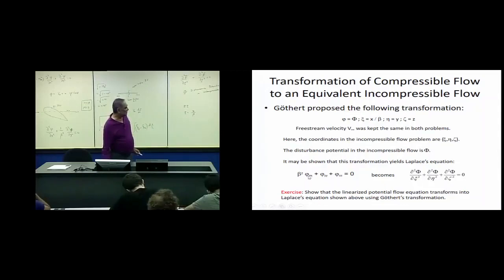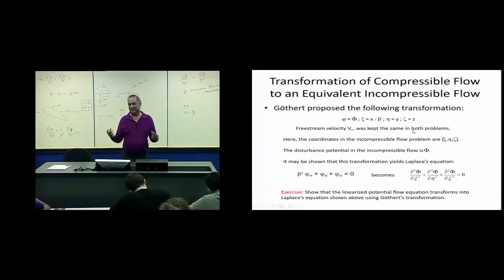Then x over beta equals xi. So he used a linear transformation very similar to Prandtl and Glauert's. The free stream velocity was kept the same because it's not a relevant parameter.